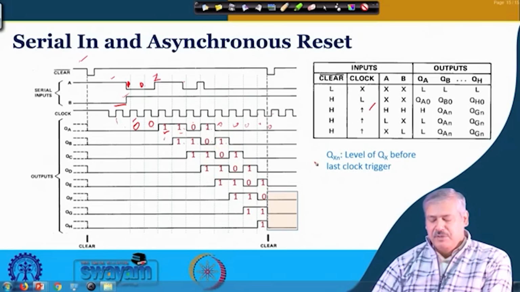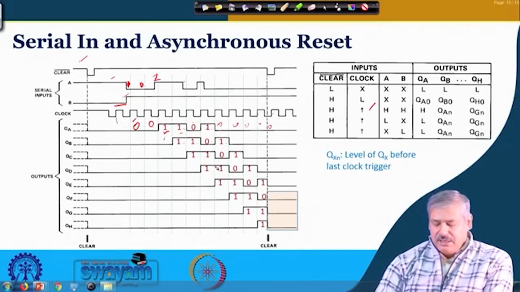This is the way it will proceed, and finally you can see that this is 1 1 0 1 for QE, and after that QF becomes 1 1 0 0 like this, okay, and this becomes 1 1, and it could have been 0 and 1 unless this asynchronous reset was there, and similarly for this one.